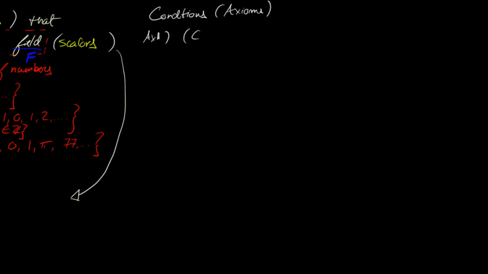It says that for all u and v that belong to my vector space V, u plus v must equal v plus u. In other words, addition is commutative, so it doesn't matter if you add u to v or v to u. The result will be the same.